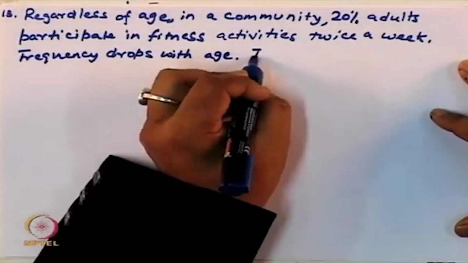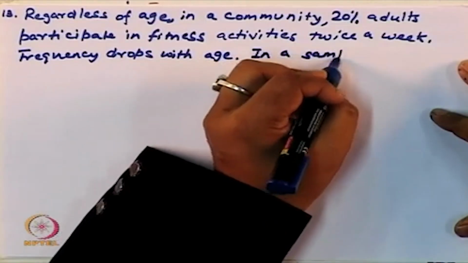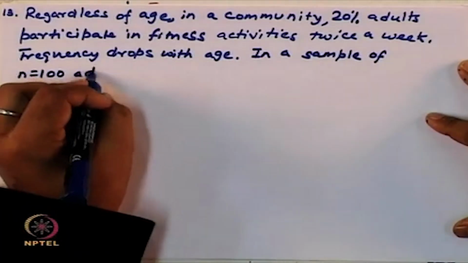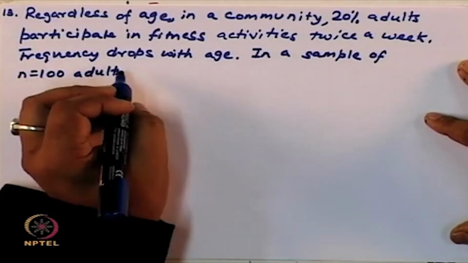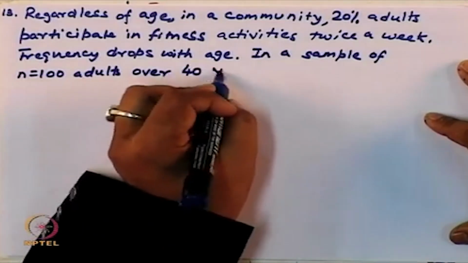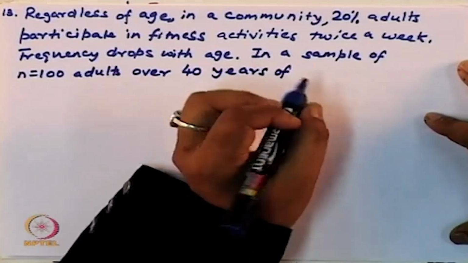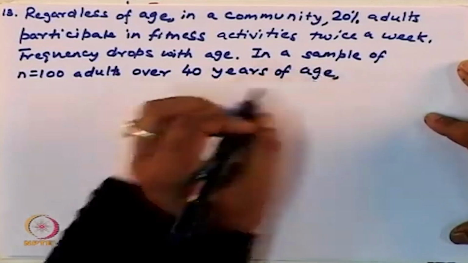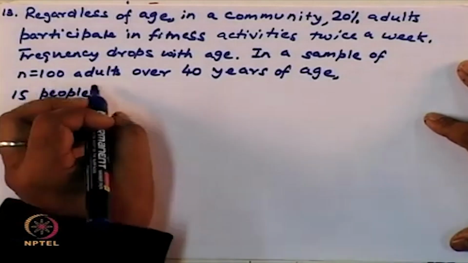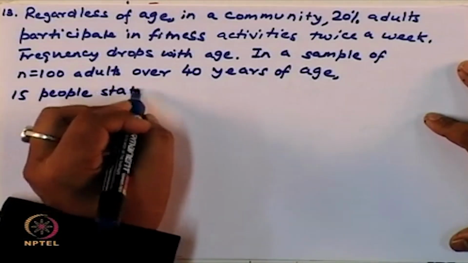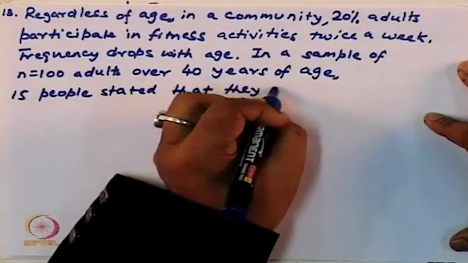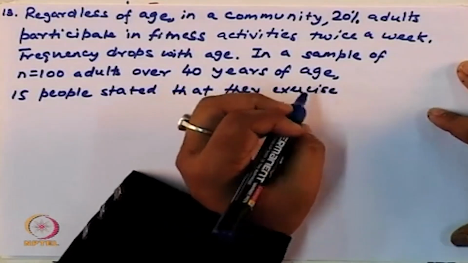Now, let us say in a sample of n equal to 100 adults, what you find is that among adults over 40 years of age, 15 people stated that they exercise at least twice a week.